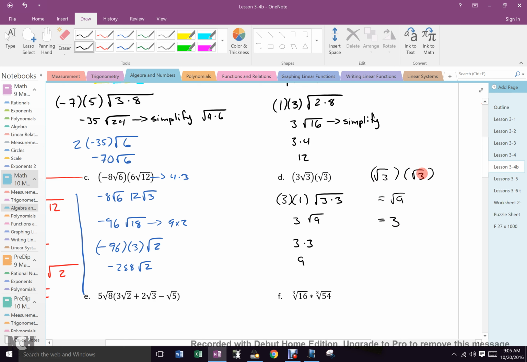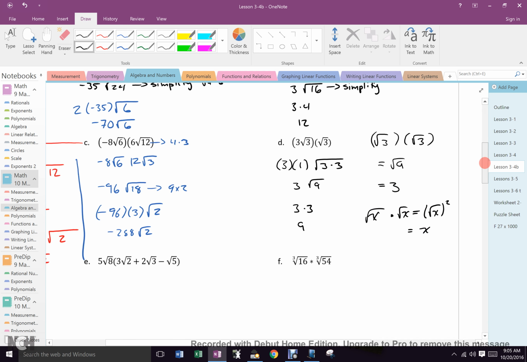Square root squared is the radicand. Does everybody understand that? So if I have the square root of x times the square root of x, that is the square root of x squared, and the answer is x. Everybody good with that? No matter what the number is. Got it? That's why that's there. All right.